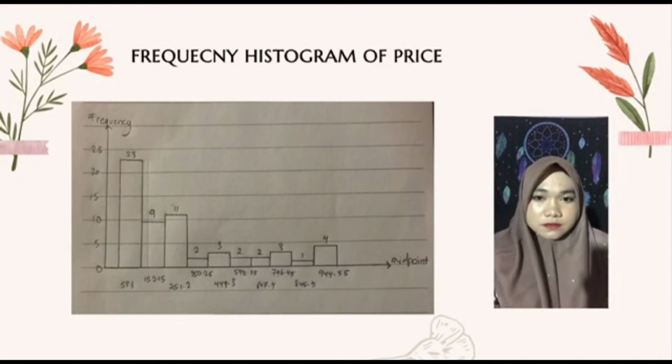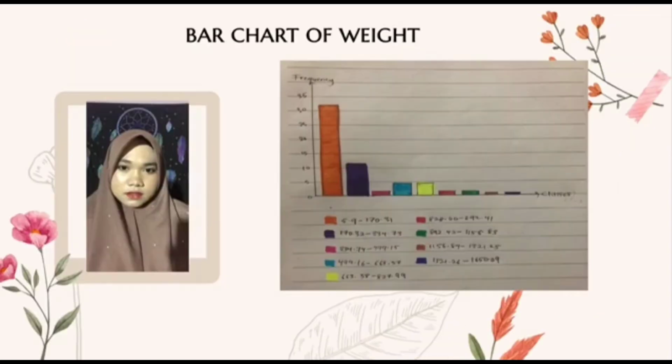After that, look at the frequency histogram of price. The histogram bar shows the midpoint 53.1 states the highest frequency in the price category, and the lowest midpoint frequency is 1 in price 845.5.